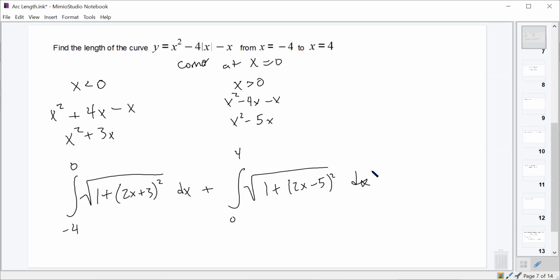All right. And we can just approximate those if we want to. But how would we go about doing those? Those would be trig substitutions, right? We'd like 2x plus 3 equal tangent theta for the one on the left, if we wanted to.